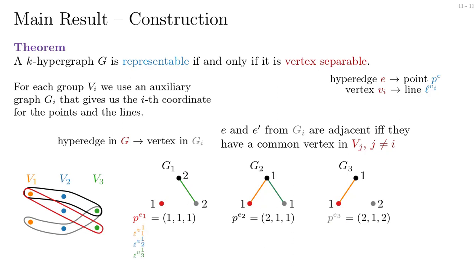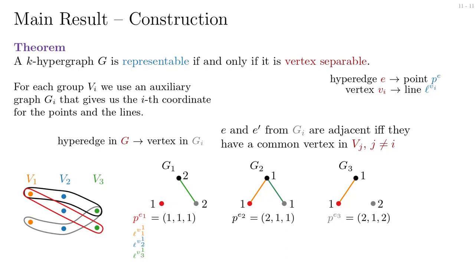Now we have to define coordinates for every line that correspond to every vertex in our hypergraph. Notice that each line has one free coordinate and two coordinates should be the same as the corresponding coordinates for points that lie on this line.